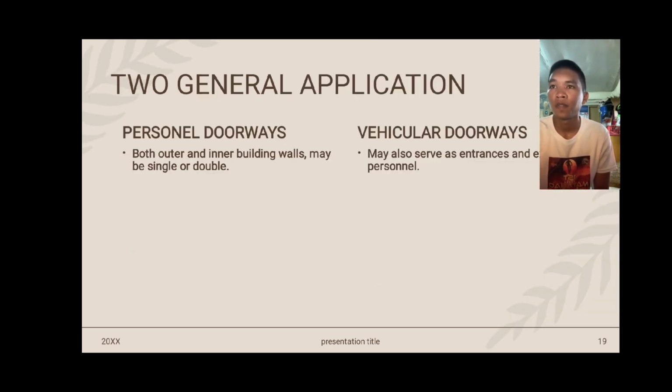Next slide. Two general applications of personnel doorways. Both outer and inner doors may be single or double. Personnel doorways are like in the mall: there are two doors, when you enter there is glass, then another glass. They can be single or double.